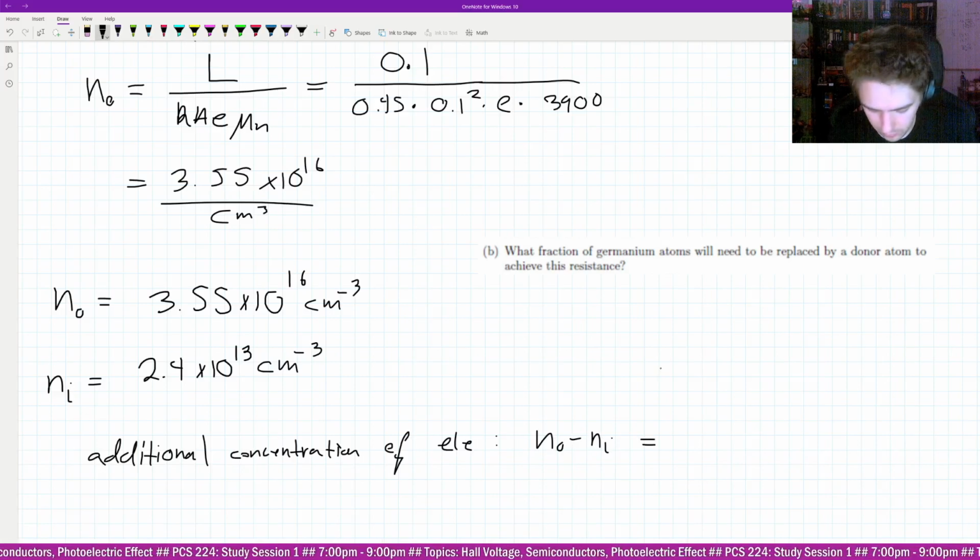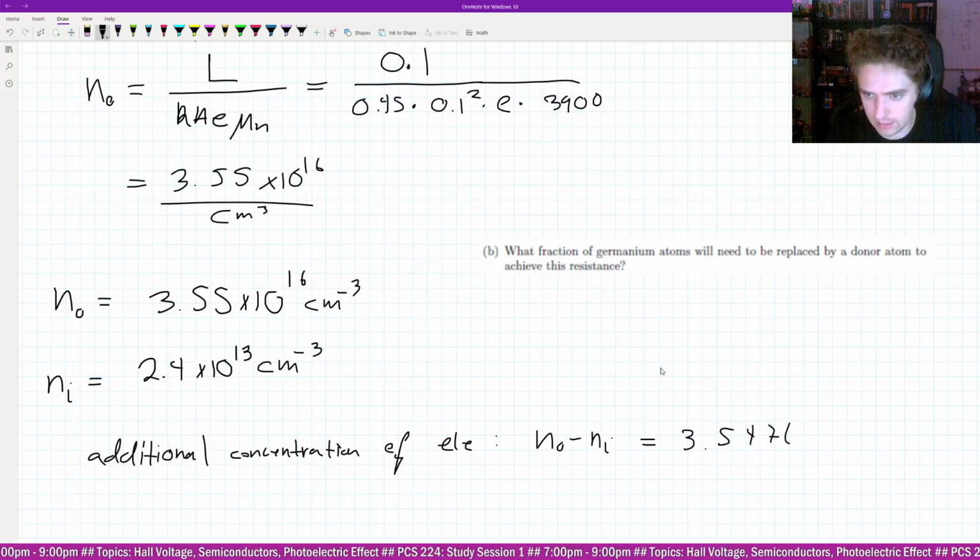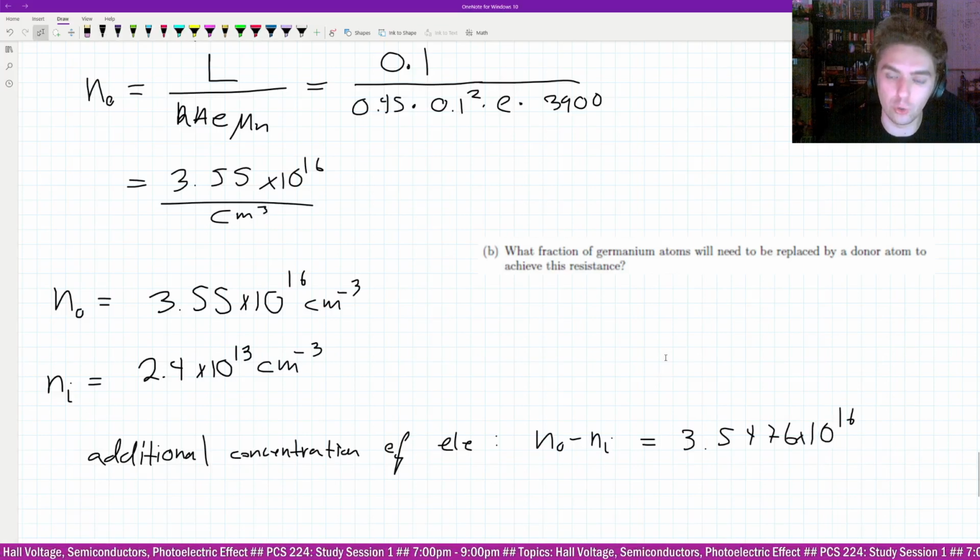So 3.55 times 10 to the 16 minus 2.4 times 10 to the 13 is 3.5476 times 10 to the 16. So that's how many germanium atoms need to be replaced with donor atoms.